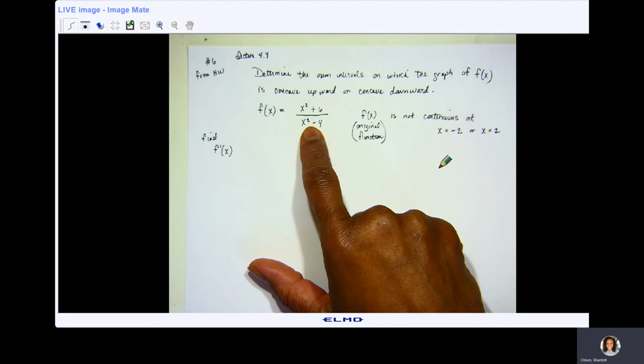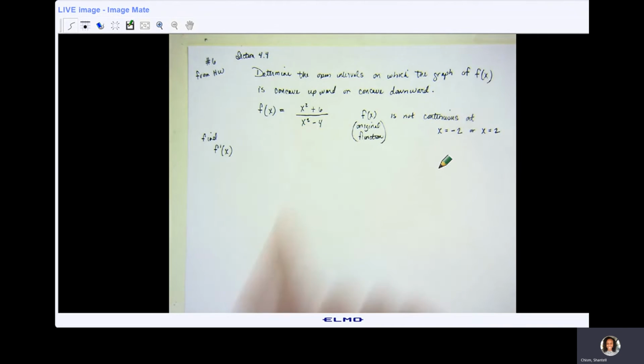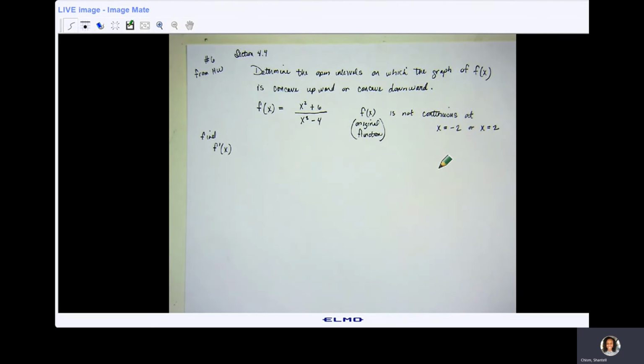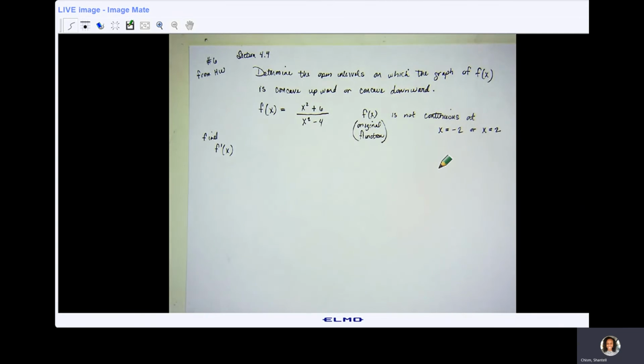Those values will be used to set up our intervals, to figure out where we have a change in concavity of our graph.